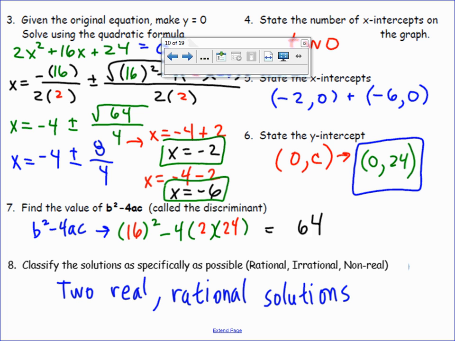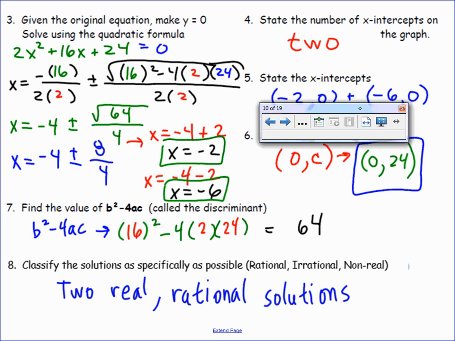If there were i's in your answer, as you saw in your homework assignment last night, for example, if you got 4 plus or minus 3i, that would be 2 non-real solutions, and so on and so forth. Even though your directions just talk about the type, I want you to state how many there are as well. Does that make sense? Awesome.